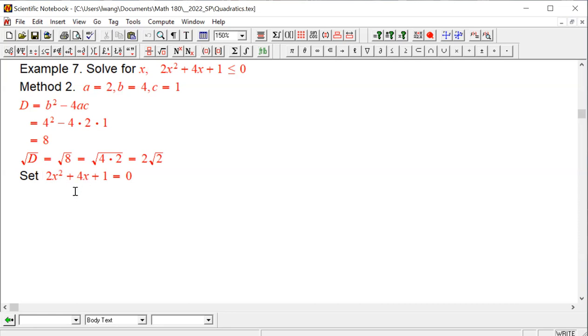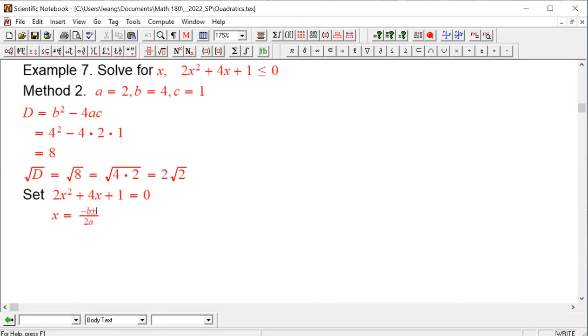So we set it equal to 0. Factoring is hard, so of course we're going to use the quadratic formula. What does the quadratic formula give us? Over 2a, minus b plus or minus the square root of D. I'm making the font larger so you can see the minus sign.